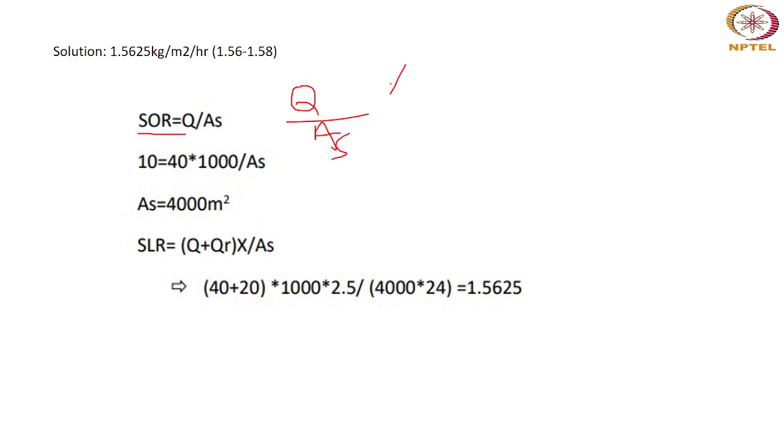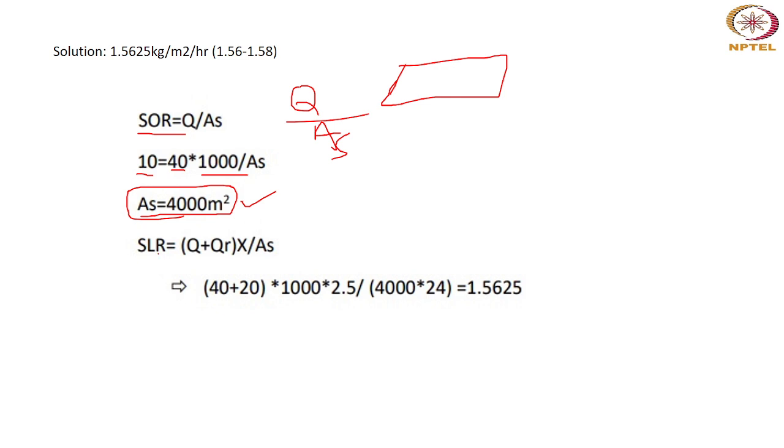I'm getting whatever the surface area of this tank. Here it was written as 10, and this one is 40 MLD, right? So convert the units carefully. That's what I always say, you have to be careful while converting the units. So from here I am getting a surface area of 4000 meters square.